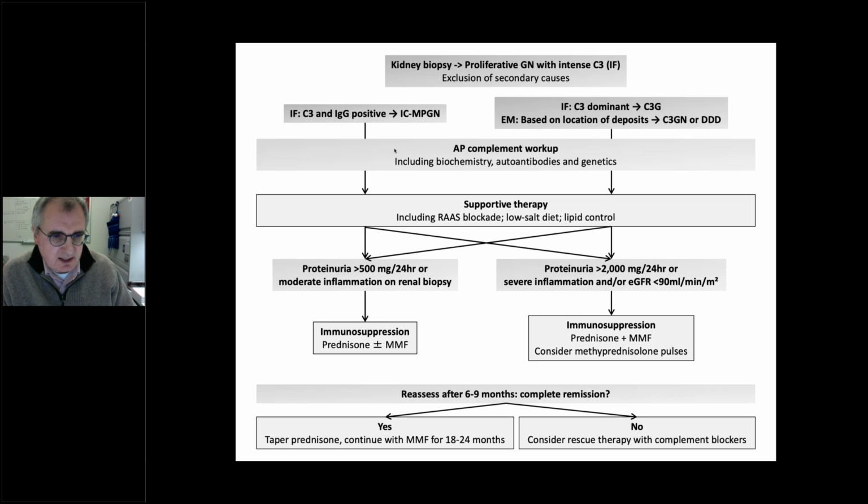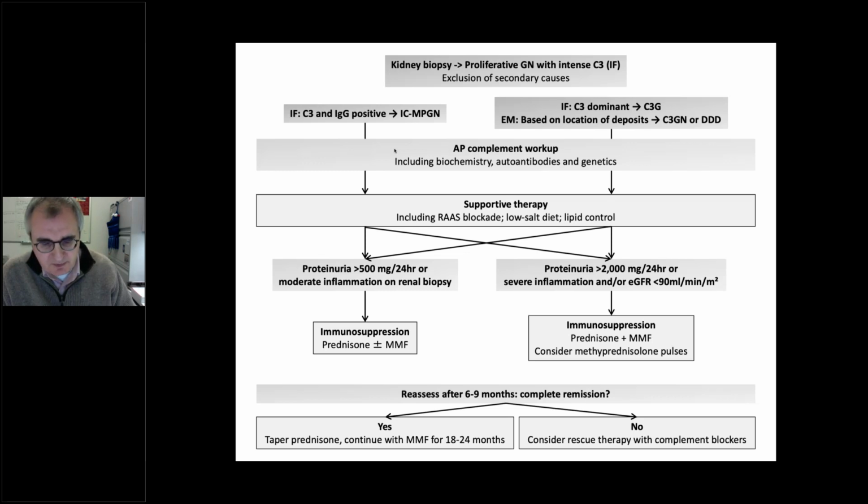That's step one. Step two for all patients at this point in time is immunosuppression, and the intensity of immunosuppression using steroids and MMF depends on the degree of proteinuria and the degree of inflammation that you find in the patient.